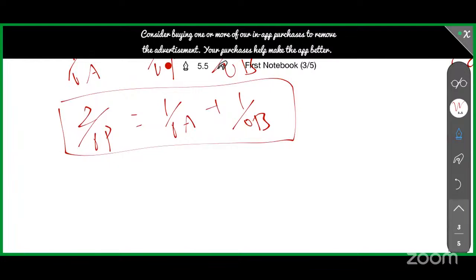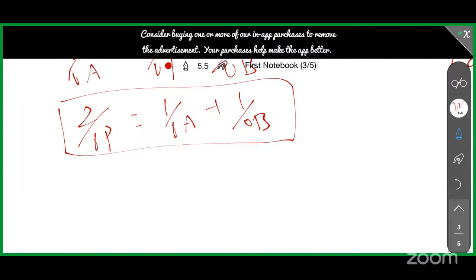Will you be able to simplify now? I'll give you 3 to 5 minutes. 5 minutes is too much. 3 minutes. Simple. If there are some fractions, you have to take some common thing, add, and go. That's all.